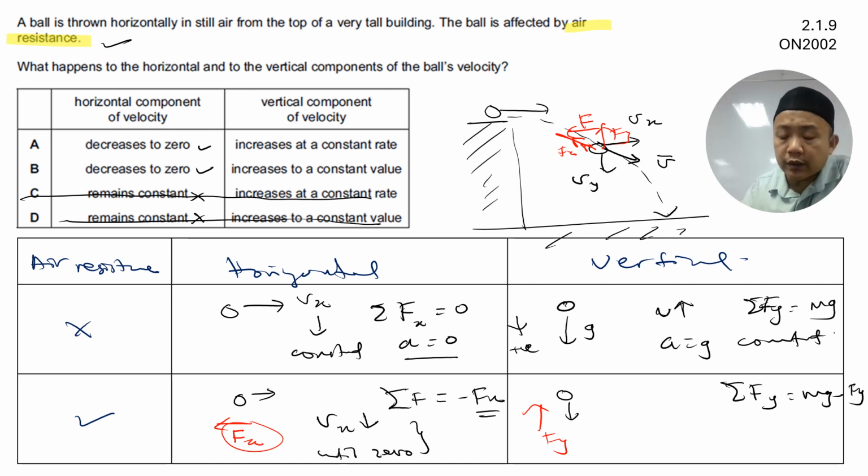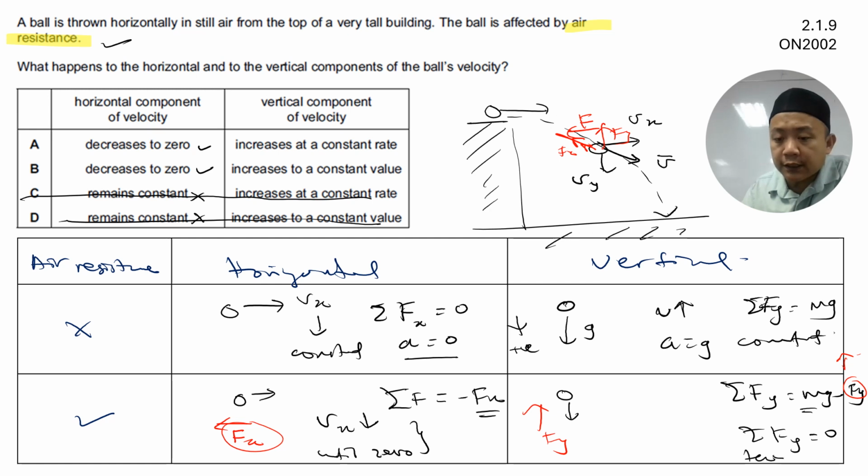As the velocity increases, the resistance component Fy will also increase, up to a point where, because mg is always constant, the resultant force will reach 0.